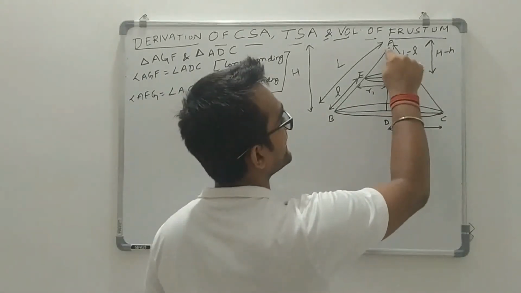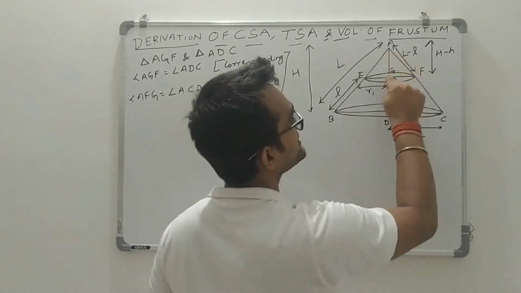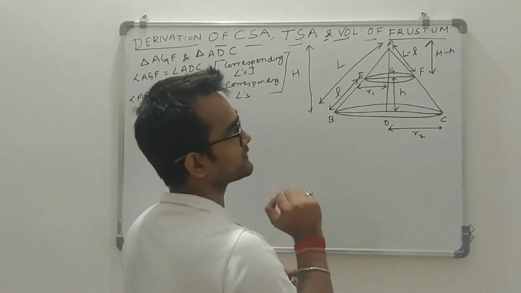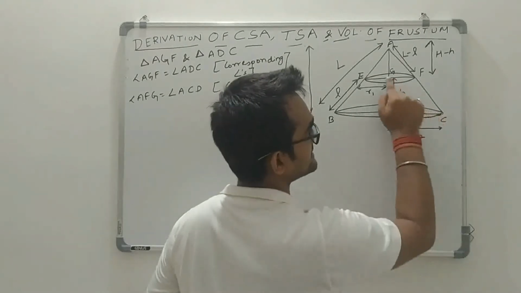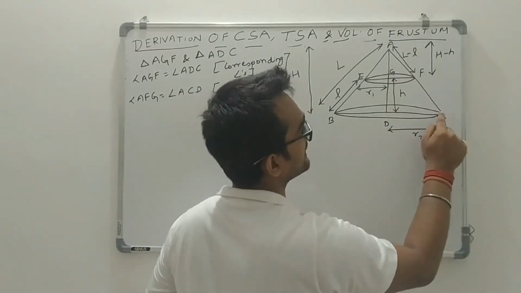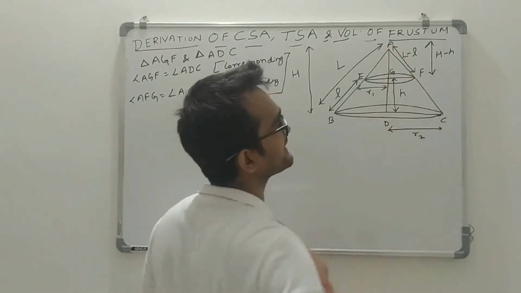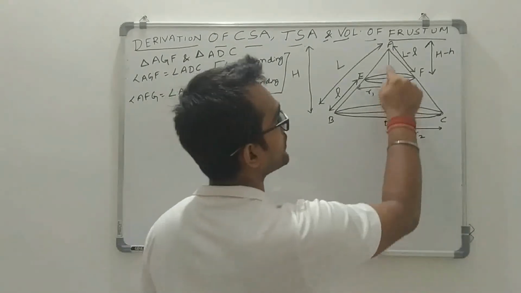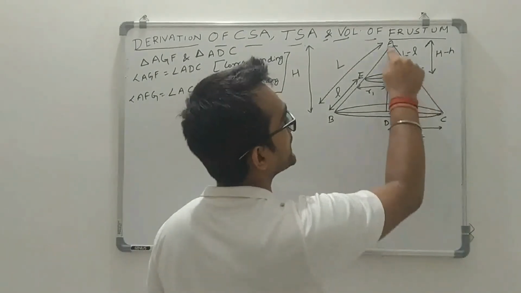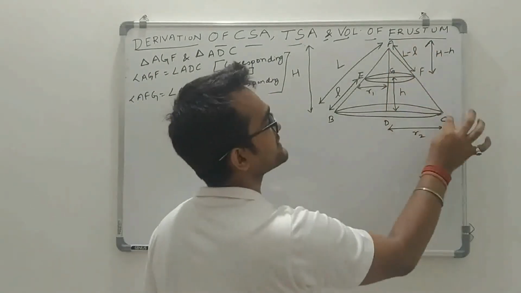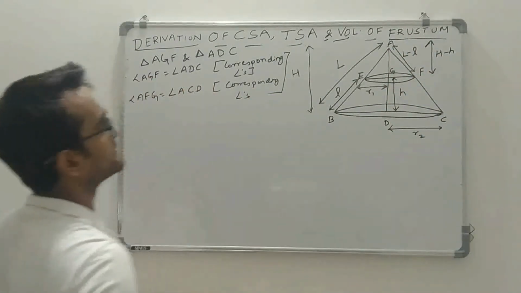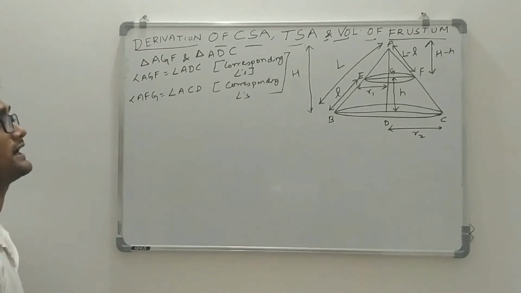So in triangles ADC and AGF, which we have considered, GF is parallel to DC. As GF is parallel to DC and AD is acting as a transversal, angle AGF will be equal to angle ADC and angle AFG will be equal to angle ACD, because both pairs of angles are corresponding angles.